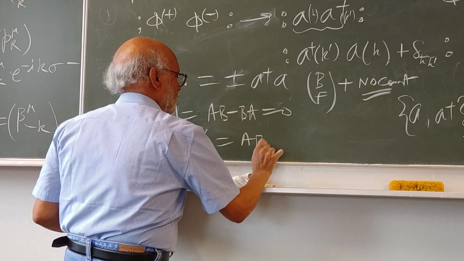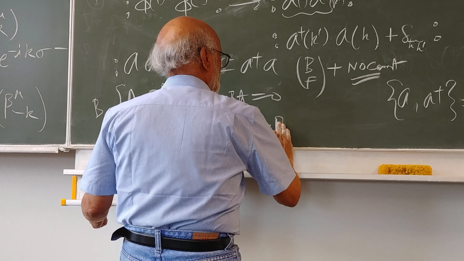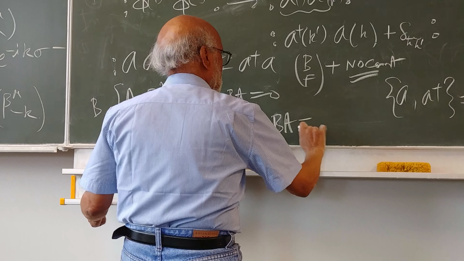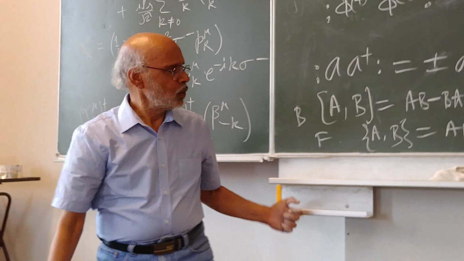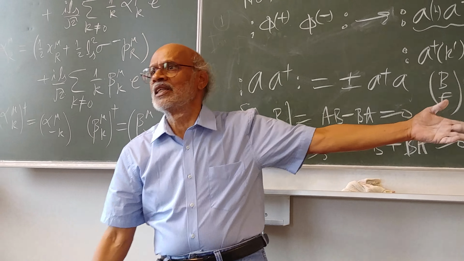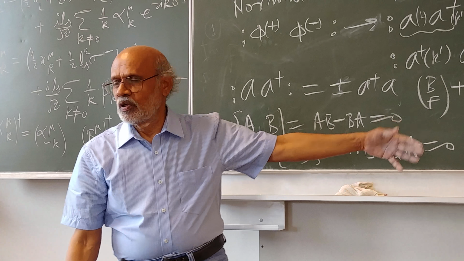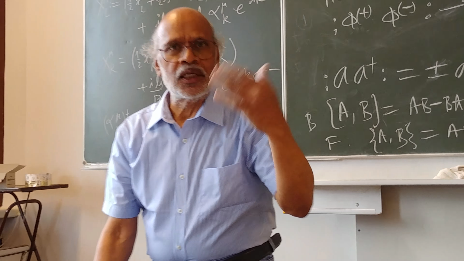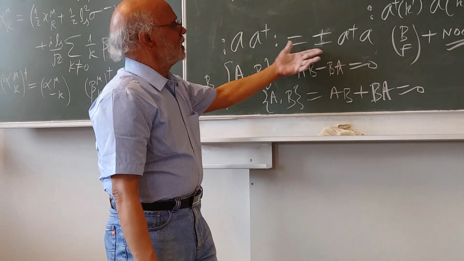So AB plus BA equals 0, which gives me AB equal to minus BA. So fermionic quantities anti-commute, bosonic quantities commute. This is just a signature of that.